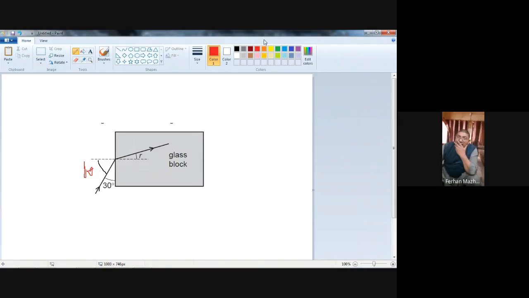So then I will apply that formula. n is equal to sine i by sine r. The refractive index value is 1.5, equal to sine of 60 divided by sine r.